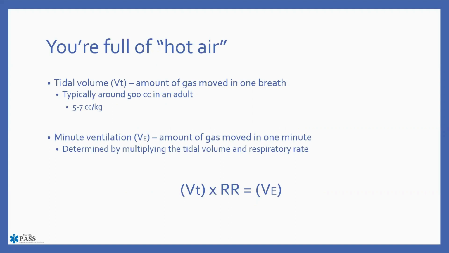If you can dial in how much tidal volume the patient should get, it should really be based on somewhere in that 5 to 7 cc's per kilo body weight. So if you had a patient that weighed 100 kilos, for instance, then you would want to set your tidal volume to 500 based on that 5 per kilo.